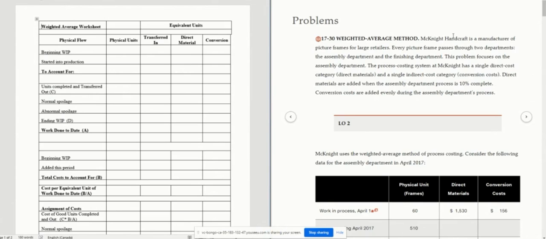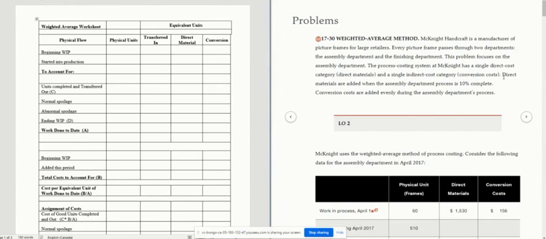So on the right here, we have the question. The company is making picture frames, and they're using a process costing system with one direct category, the direct materials, and then another category of input called conversion costs, which covers everything else in the manufacturing process.